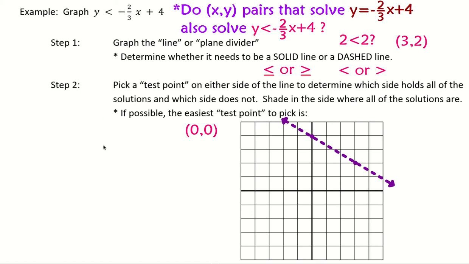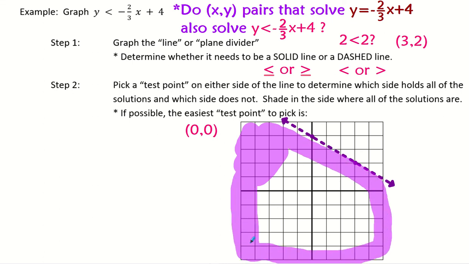And if it happens to be a greater than or equal to symbol, you're going to shade above. Which makes perfect sense. So this is a less than, so you're going to shade below the line.